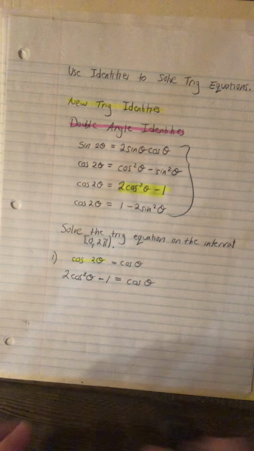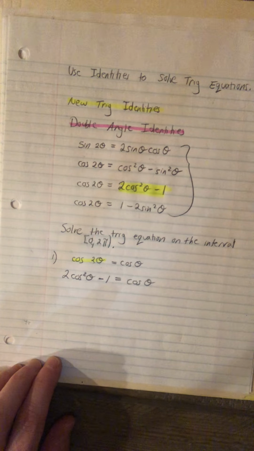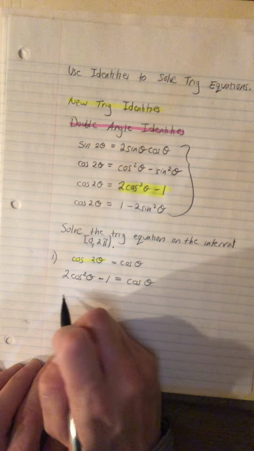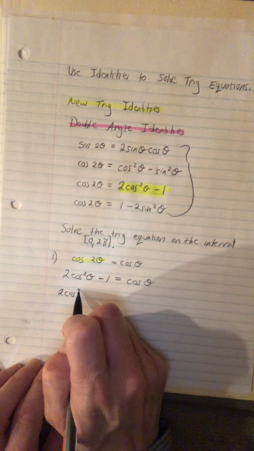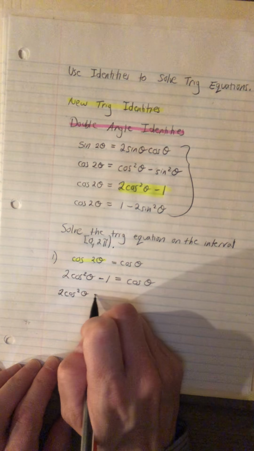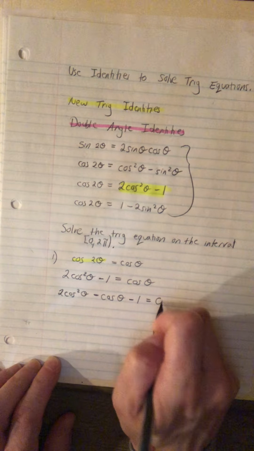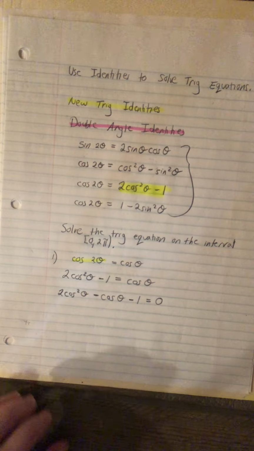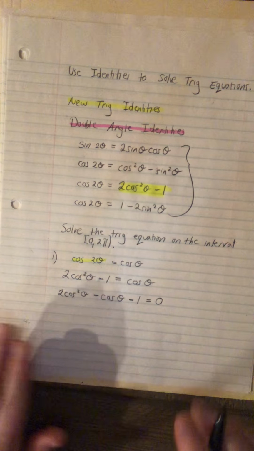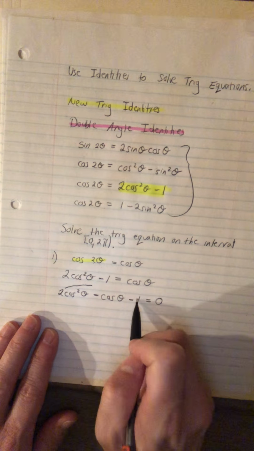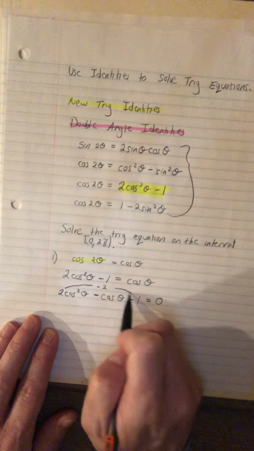Now, I'm going to identify this as a quadratic because it's squared. So I'm going to bring everything to the left. You're going to have 2 cosine squared theta minus cosine theta minus 1 equals 0. And this one happens to be factorable. So let's see, we take the 2, multiply it by the negative 1, I get a negative 2.